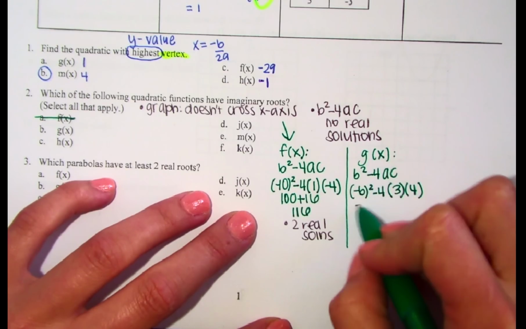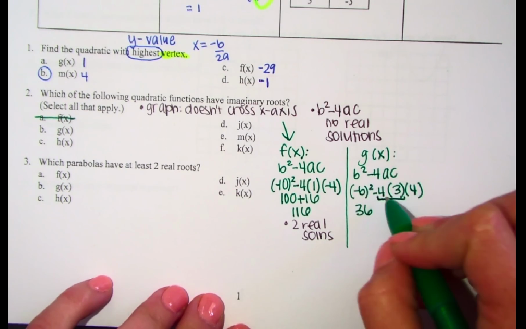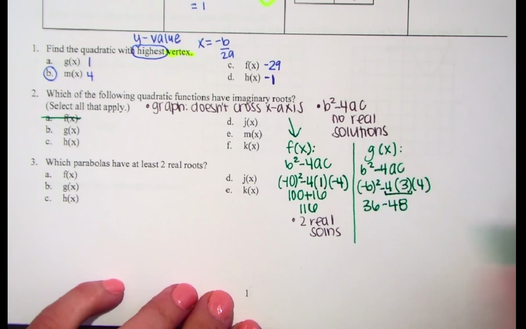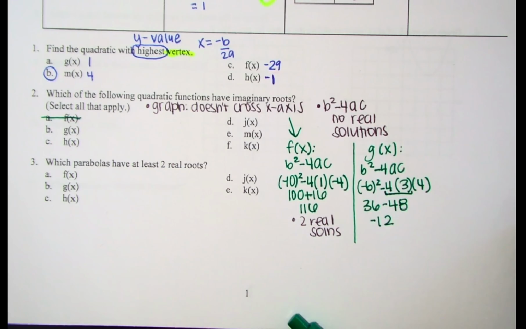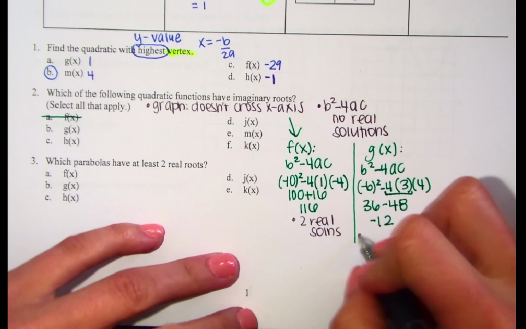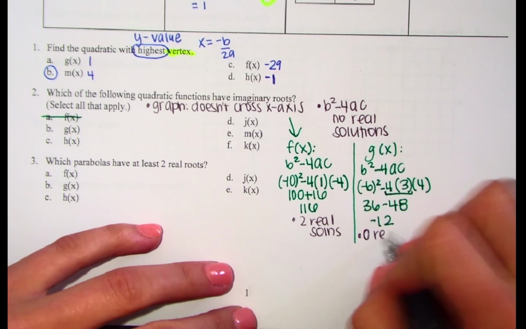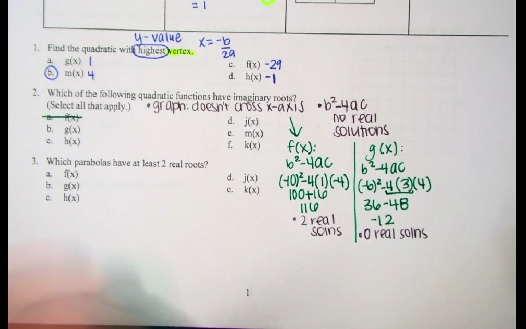Negative 6 squared is 36. Negative 4 times 3 is negative 12. Negative 12 times 4, negative 48, or minus 48. That's going to give me negative 12. Since this is a negative discriminant, it means that I'm going to have 0 real solutions or real roots, which means I do have imaginary roots.